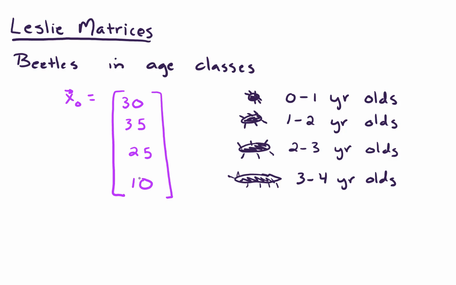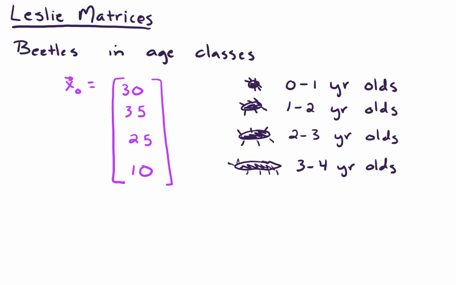Now, we're given some other information as well, about a breeding rate. Suppose that our 0 to 1 year olds do not produce any offspring.